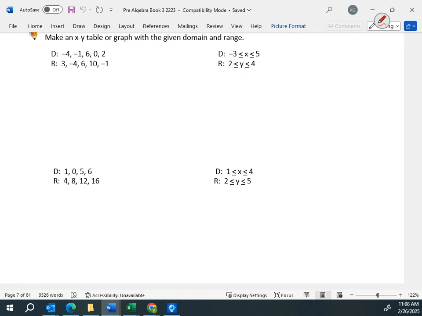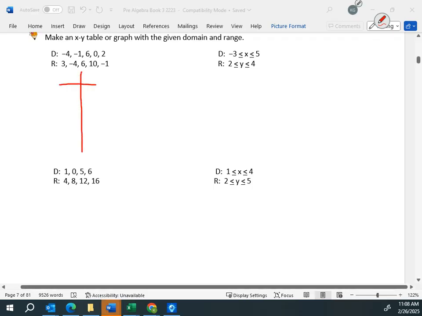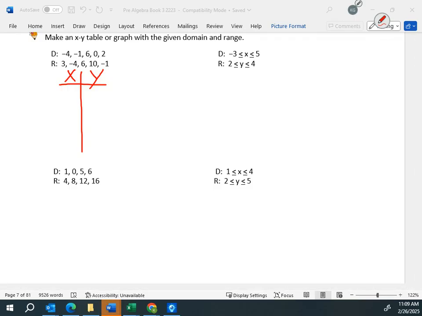Christina. Yeah, it's gonna be that table. So I'm going to make my table with my X and my Y. I need to line them up specifically, which X goes with which Y. So we know domain is the X's, range is the Y's, and we line them up.